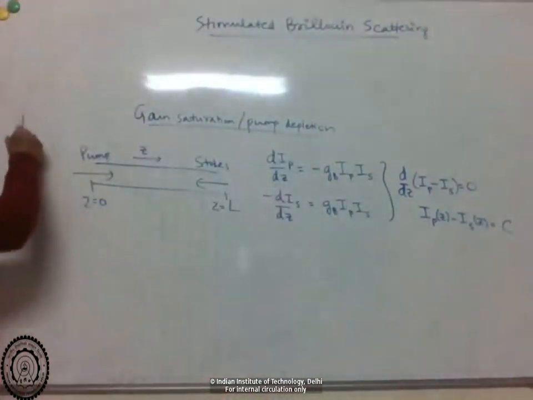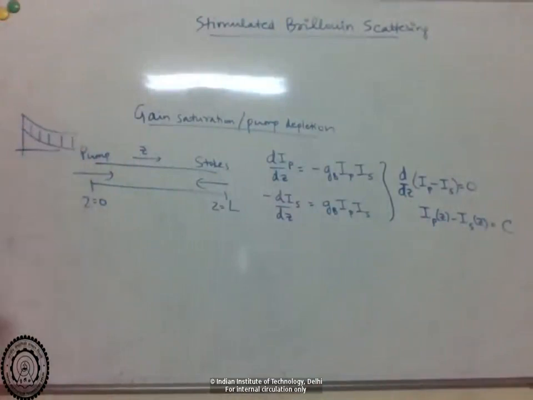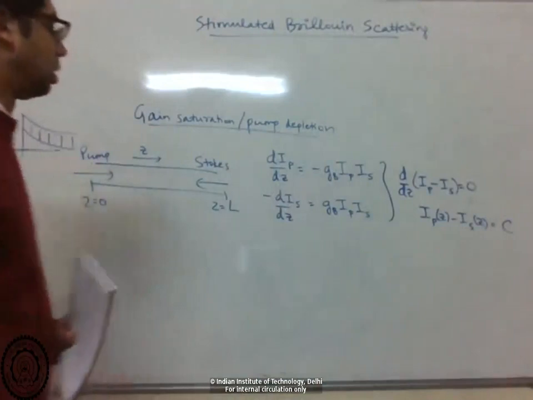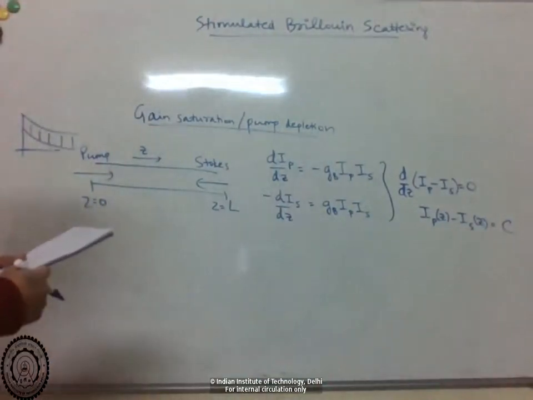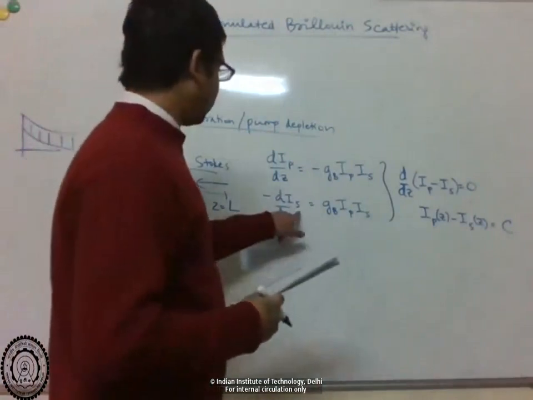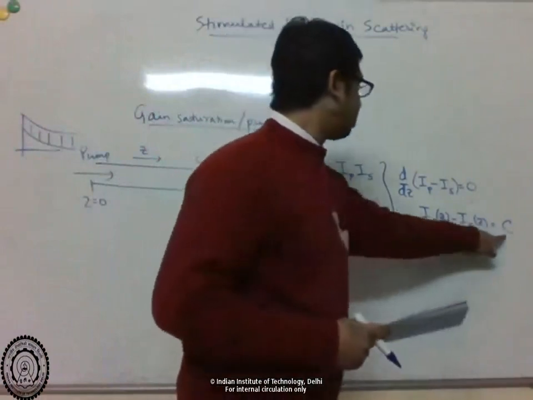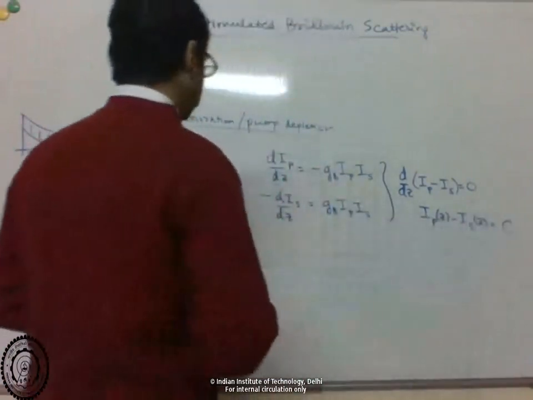We saw that the pump goes down, the Stokes comes up, but the difference remains the same. So in the Stokes equation, for the pump intensity IP, I can substitute C plus IS.